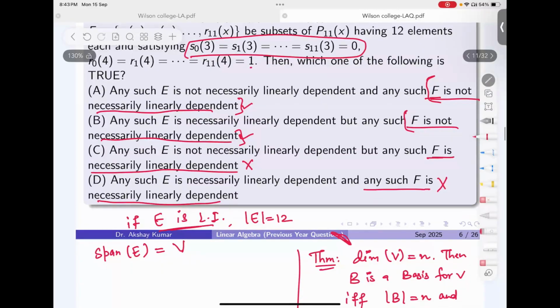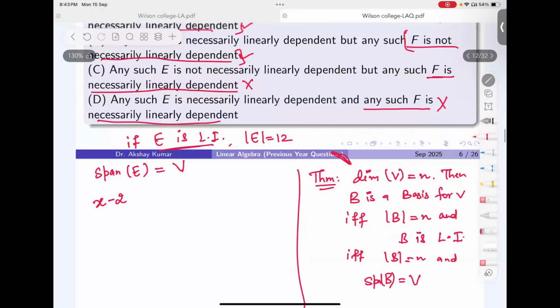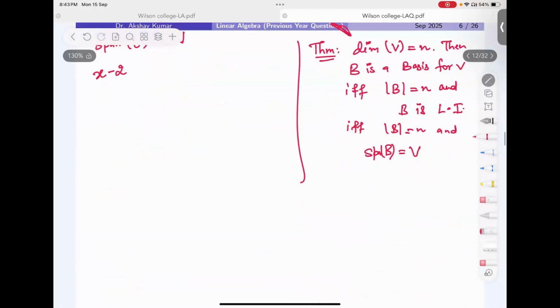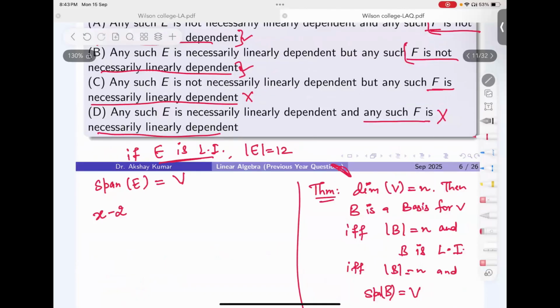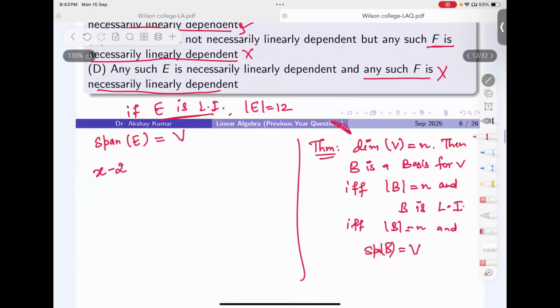Now, the members of E satisfy this condition. So take x minus 2, a polynomial in which 3 is not a root. I could also take x minus 4, x minus 5, or x square minus something like that. So x minus 2 clearly belongs to P11(R).